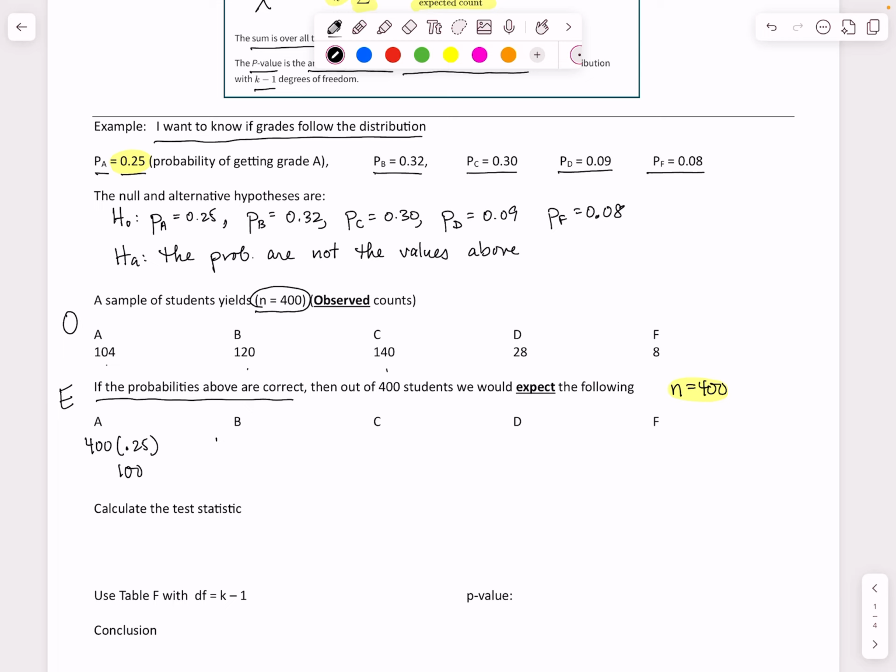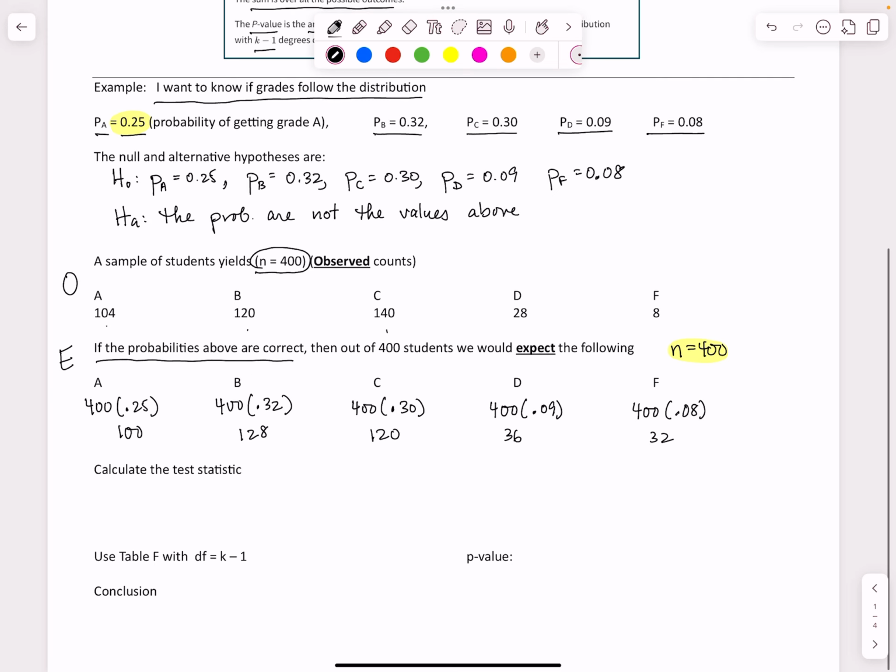Then I would expect out of the 400 that 32% were B's, which is 128, 30% are C's, which is 120, and 9% would be D's, which is 36. And then 8% would be F's. So this is what I would expect to see.